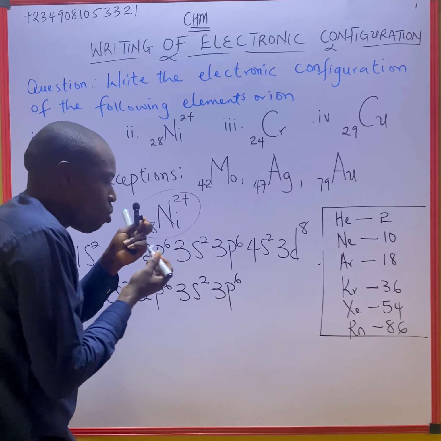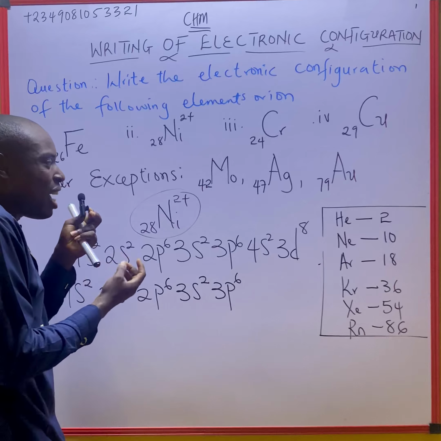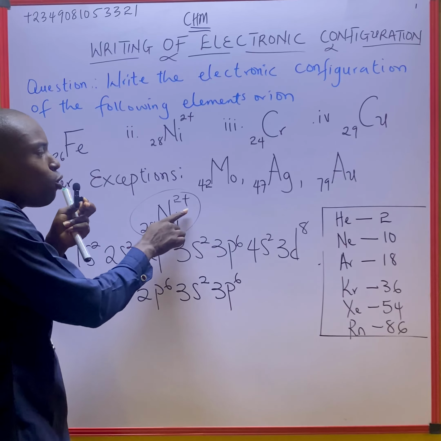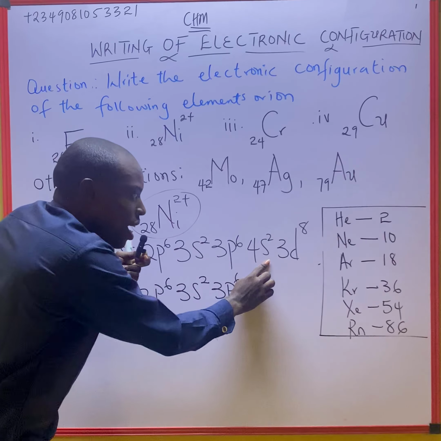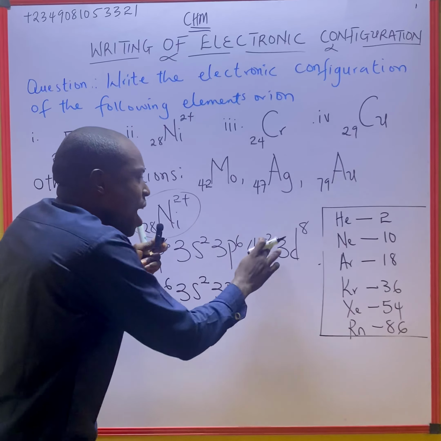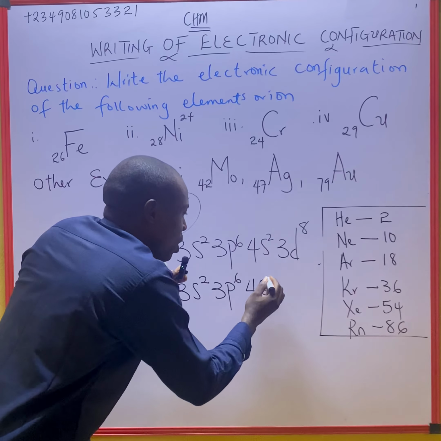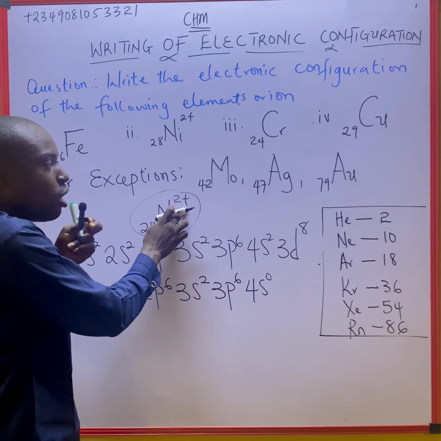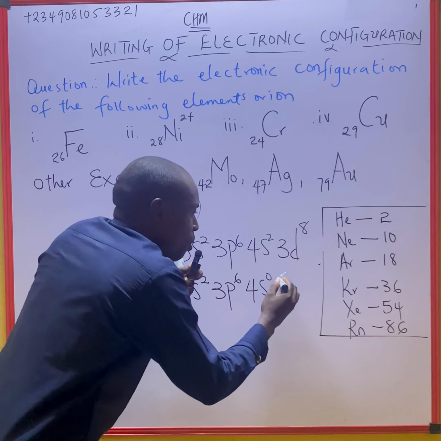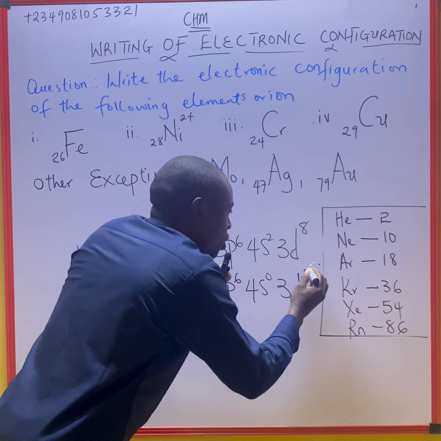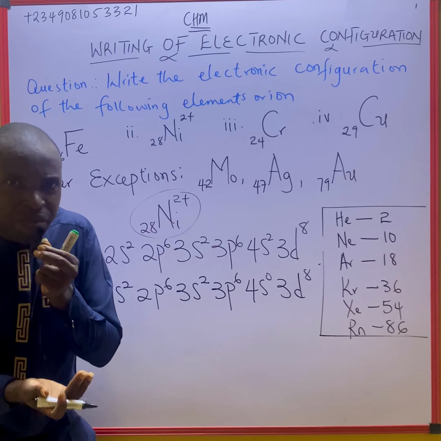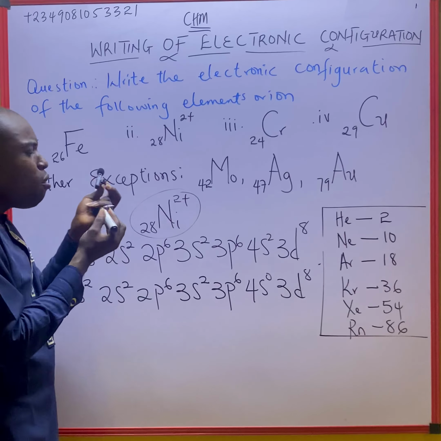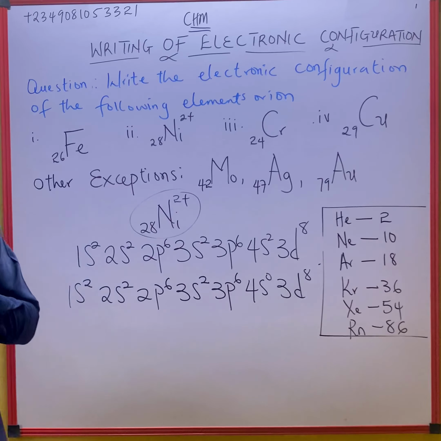Now take note, the loss of 2 electrons is from the 4s, not 3d. So the 4s has turned to 0 because there was a loss of electrons from here. So here becomes 3d8. You can choose not to put it here, you will still be correct. Is that clear now? Then we move to another aspect.